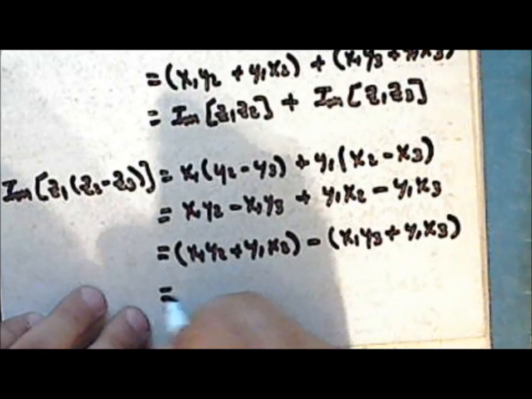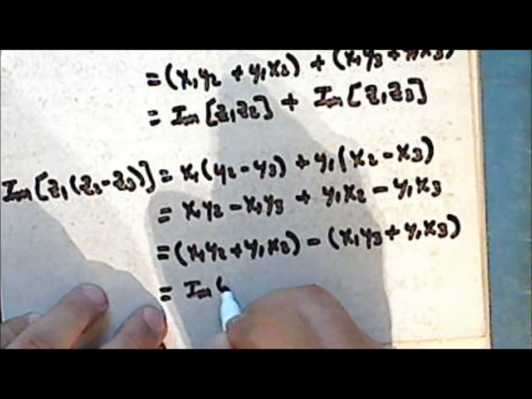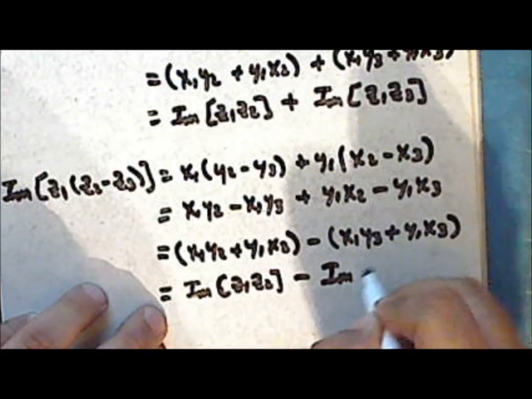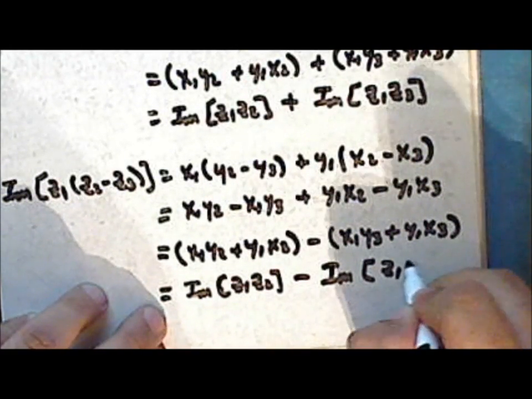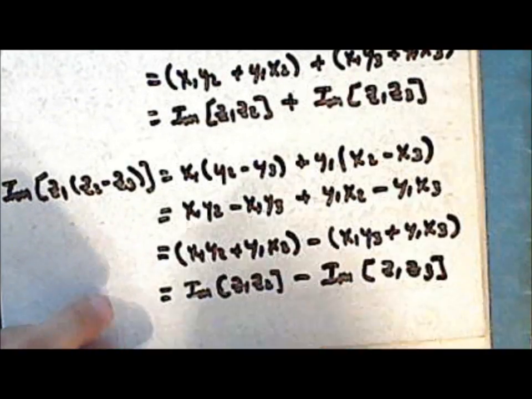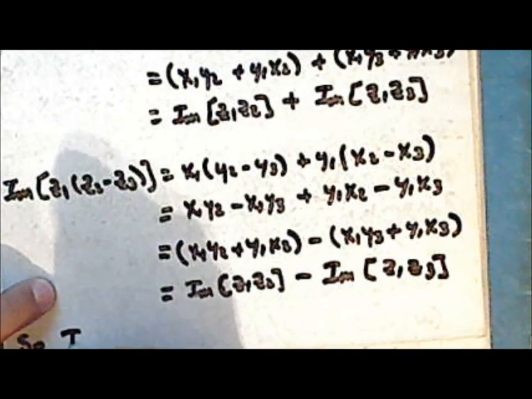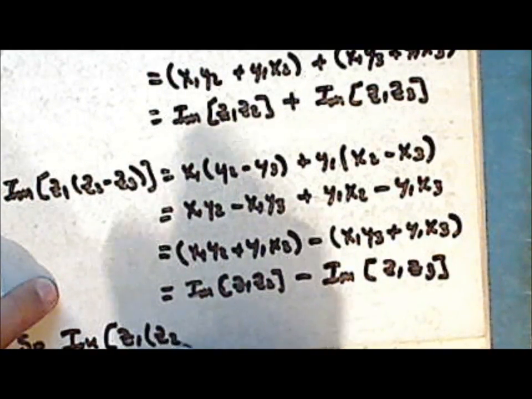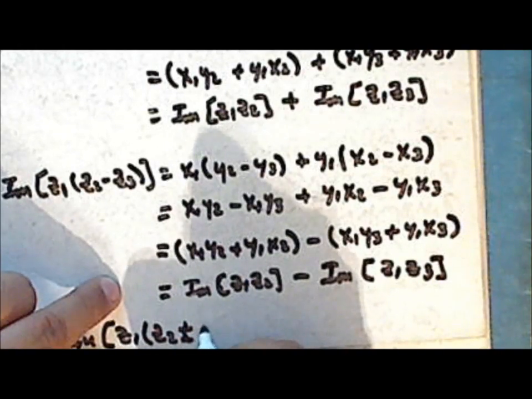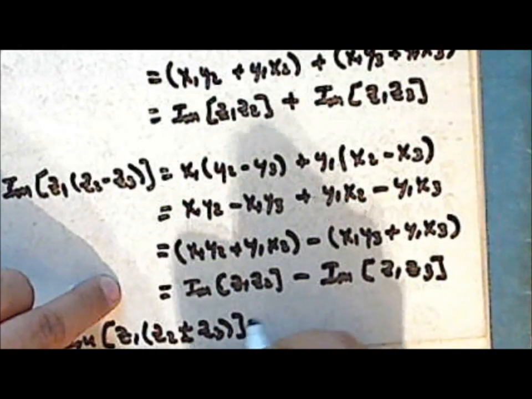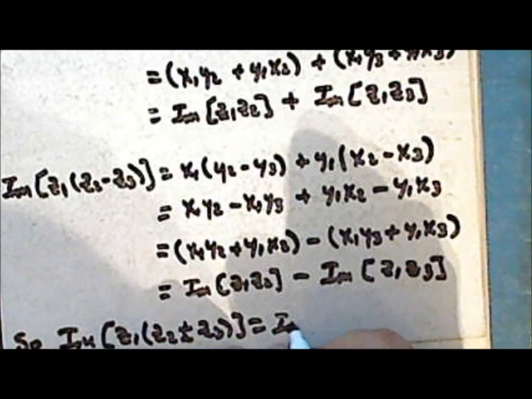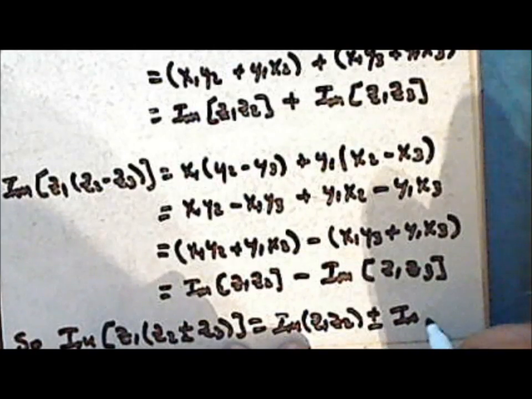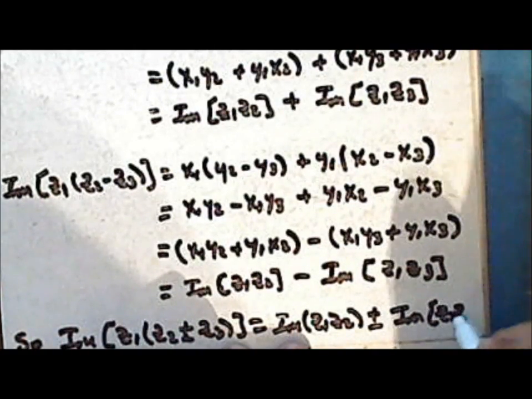And so this is the difference of the imaginary part of the product z1 z2 with the imaginary part of the product z1 z3. And so the imaginary part of the product of z1 with the sum or difference of z2 and z3 is the sum or difference of the imaginary parts of the products z1 z2 with the product of z1 and z3.